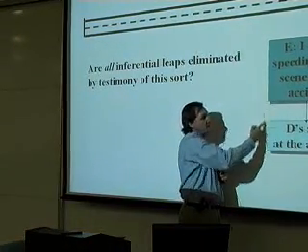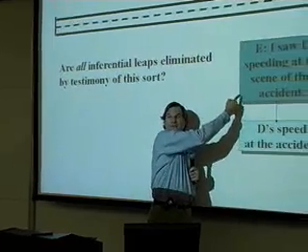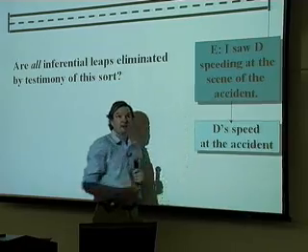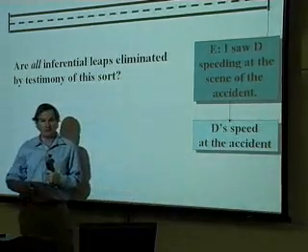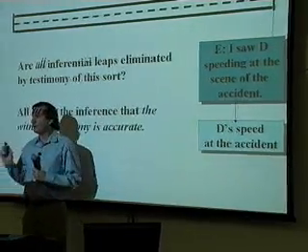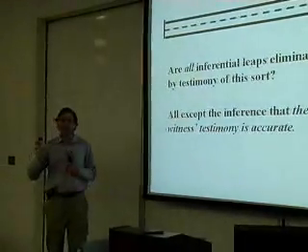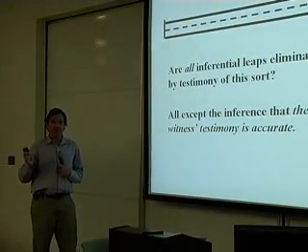What's the difference between this and this? Whether the witness is accurate or not. Okay, whether the witness is accurate or not. So all the inferences are removed except the inference that the witness is accurate. Okay?